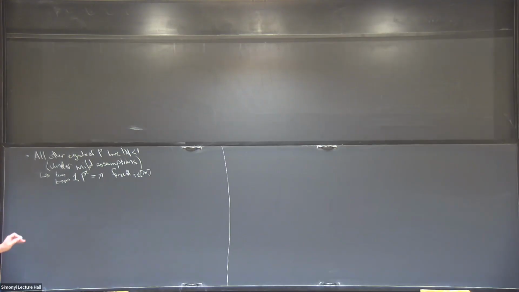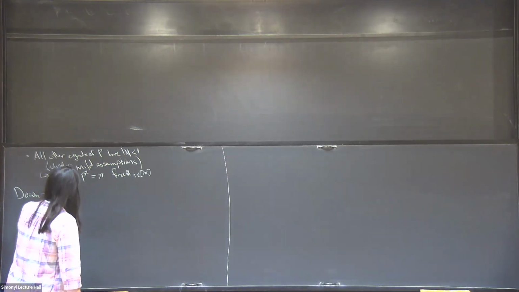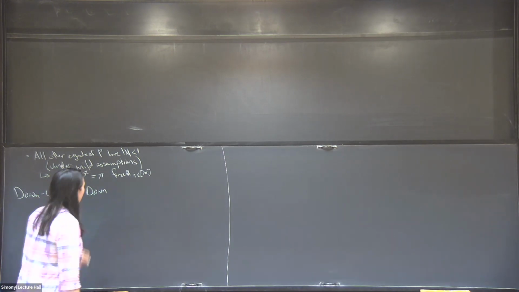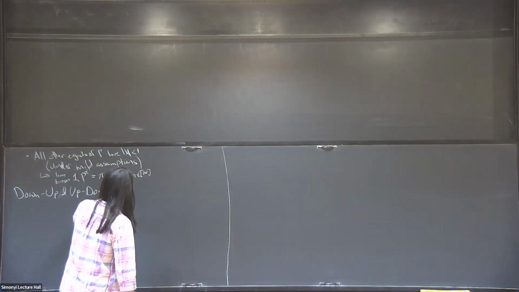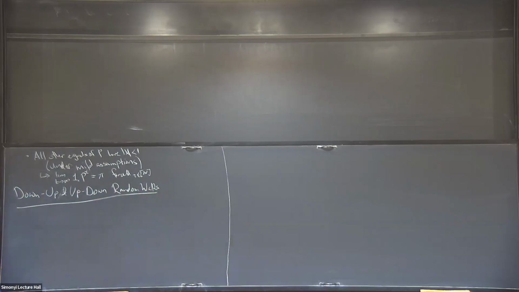Obviously, this is a much deeper mathematical object than I have just presented, but I want to present the random walks that we are actually going to use. There are two different ones: the down-up random walk and the up-down random walk. You will see in a moment how they got their names.